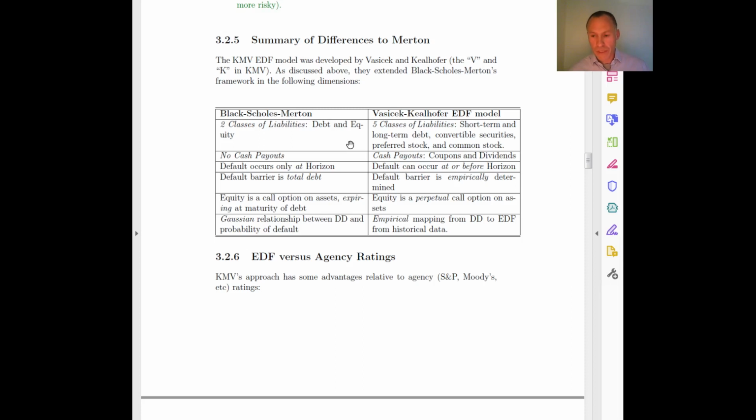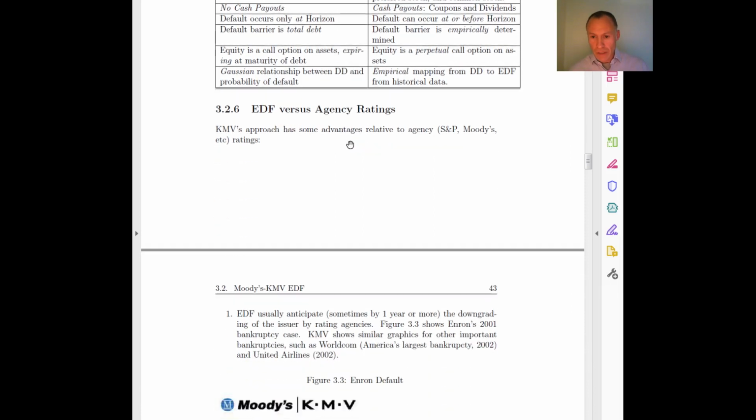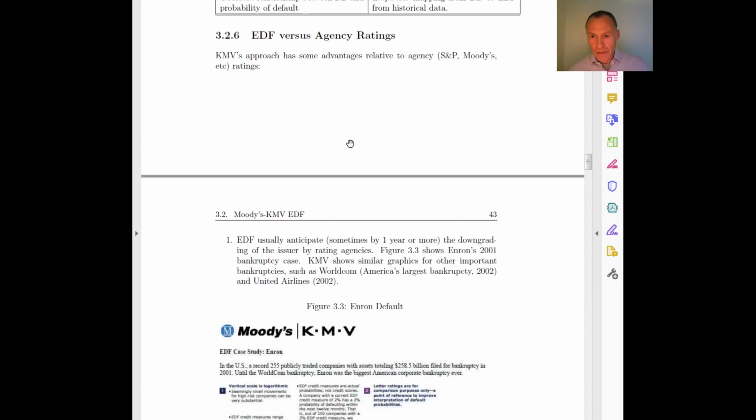And now let's compare the EDF to their competitors, which are the agency ratings. This whole KMV model was developed with the motivation that agency ratings were not accurate enough to warn investors about defaults.